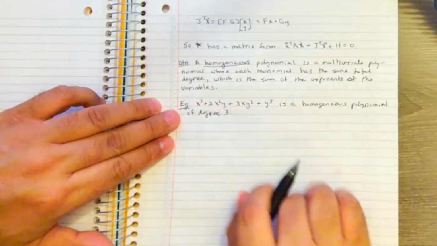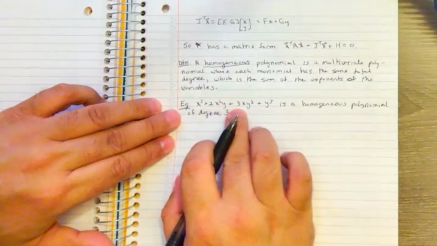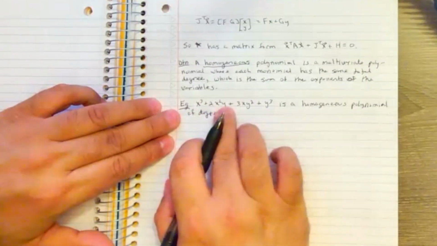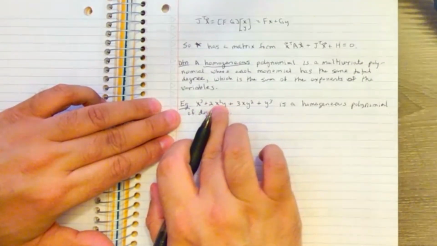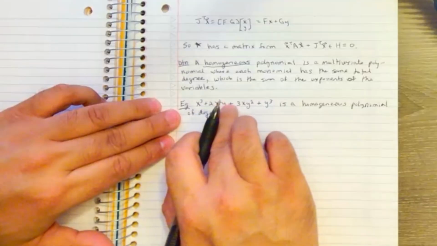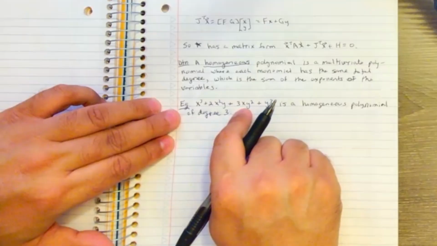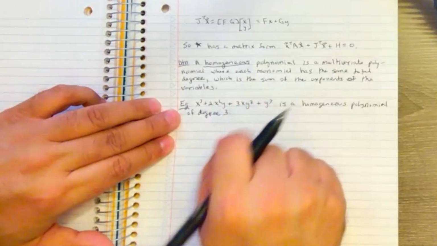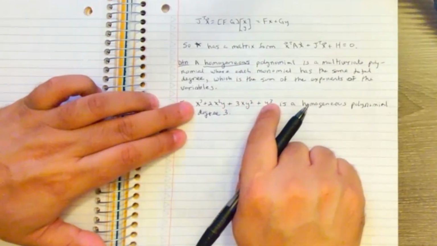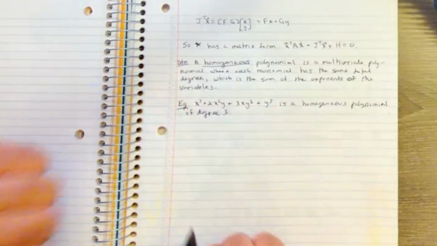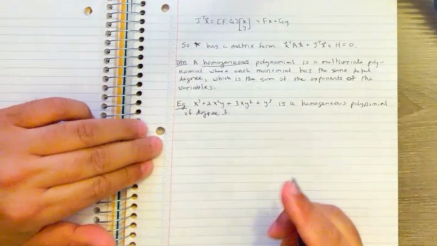Each of the monomials has a total degree of 3. X squared times y, where the exponents are 2 and 1, has total degree of 3. X times y squared, where the exponents are 1 and 2, again has a total degree of 3. And of course, the cube terms have a degree of 3.